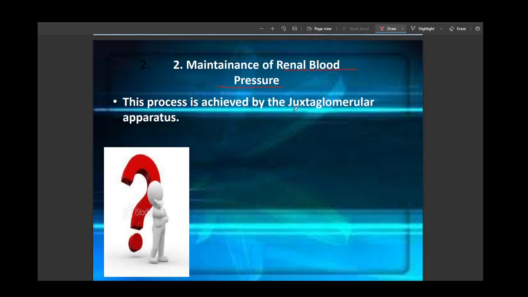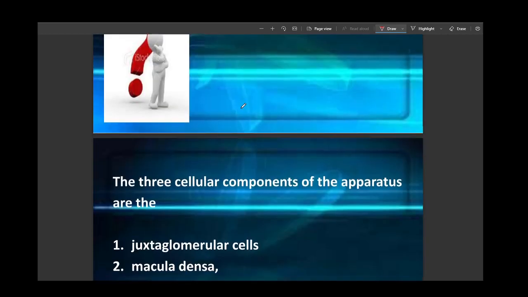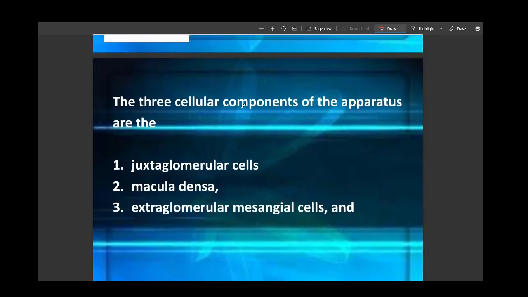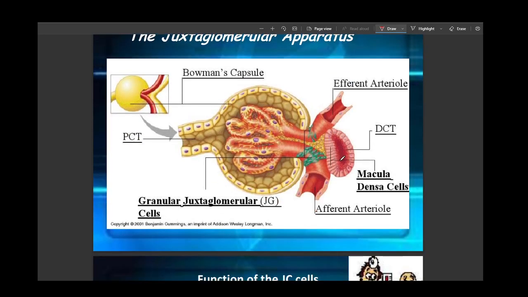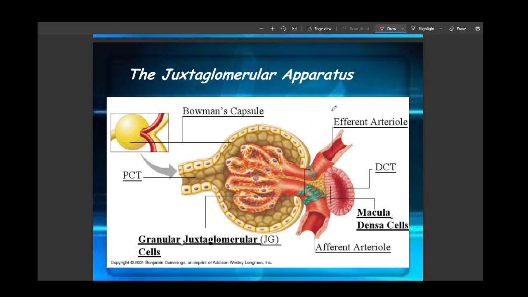This process is achieved by the juxtaglomerular apparatus. What is the juxtaglomerular apparatus? It consists of juxtaglomerular cells, macula densa, and extraglomerular mesangial cells. This is the juxtaglomerular apparatus. As you can see, this is the Bowman's capsule, and this part consists of the macula densa cells in the distal convoluted tubule.